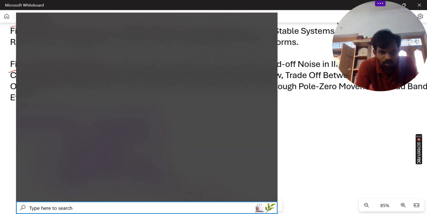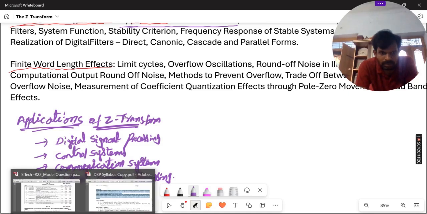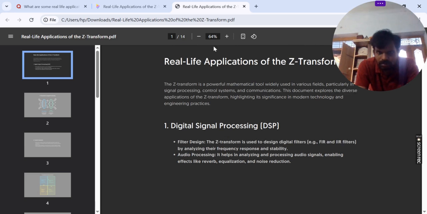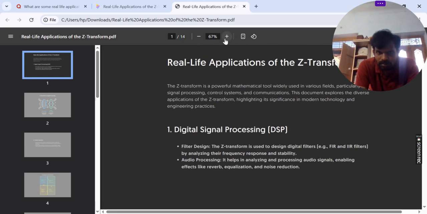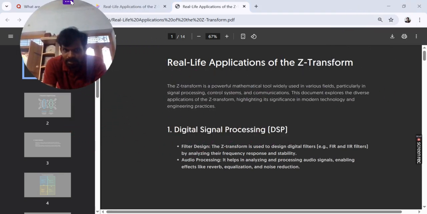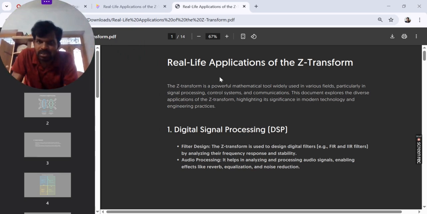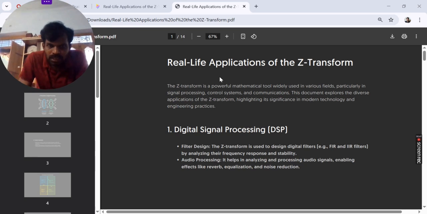For that I am going to open this slide. So in this presentation, the first one is the real life applications of the Z transform.